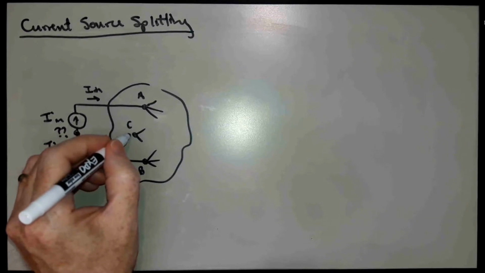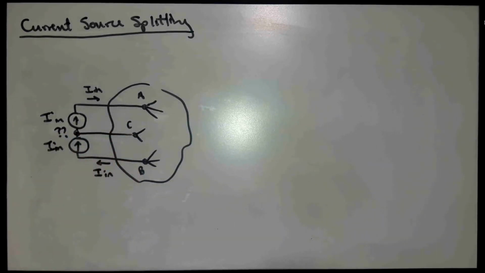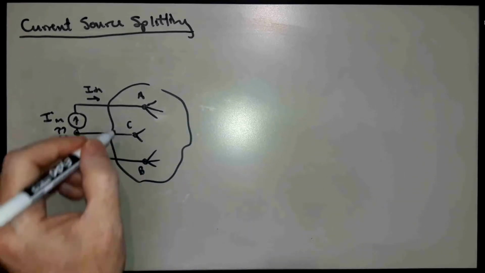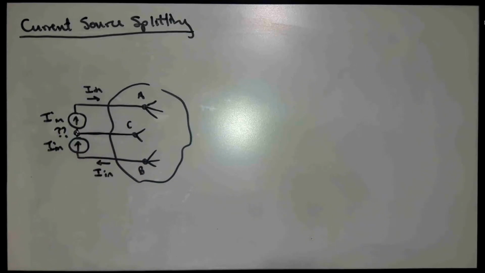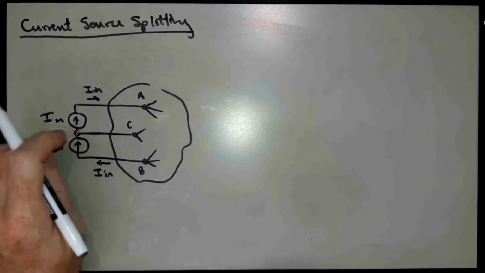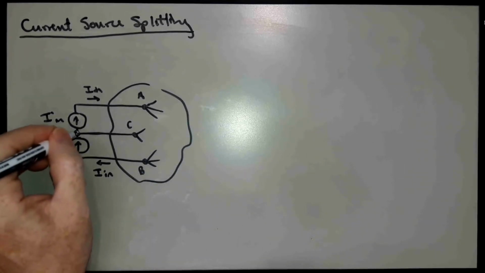And in particular, what if I want to make it the same voltage as some other node in the circuit? I'll just connect node C here to that intermediate node, and then whatever the voltage is on node C is the voltage on that intermediate node.